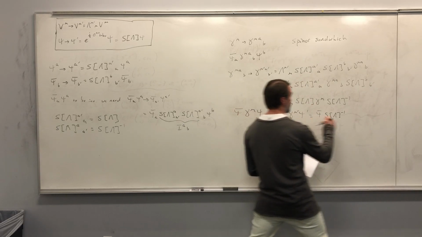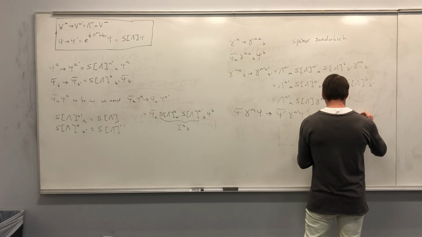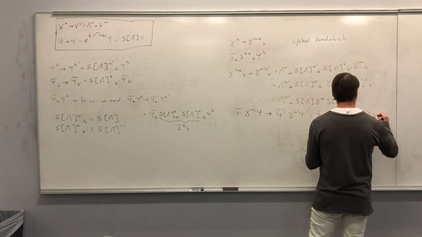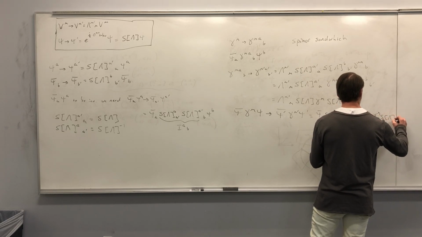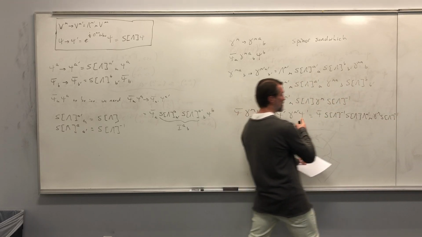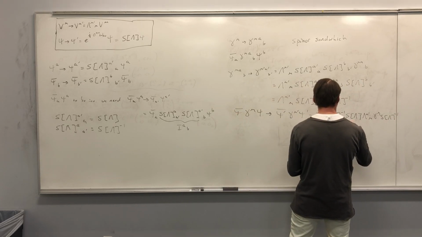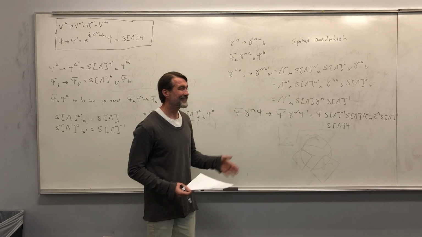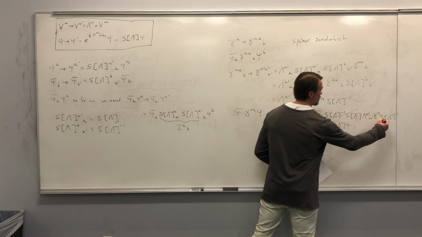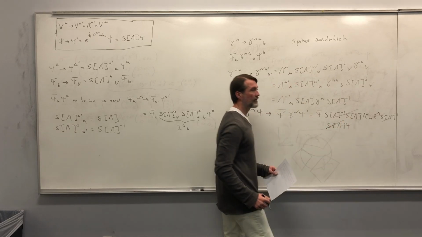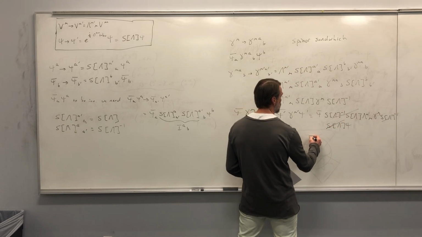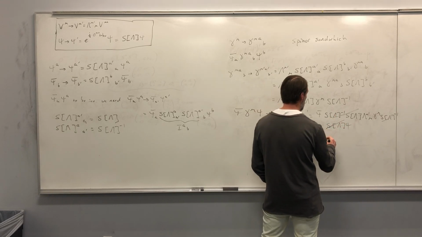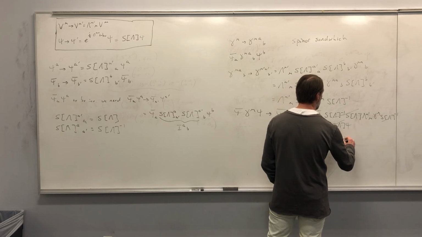And then the gamma mu transforms as S lambda, lambda mu prime mu, gamma mu, S lambda inverse. And then this psi prime is built from S lambda times psi. Now look at that. Identity, identity. So in the end, this transforms to psi bar lambda mu prime mu gamma mu psi.